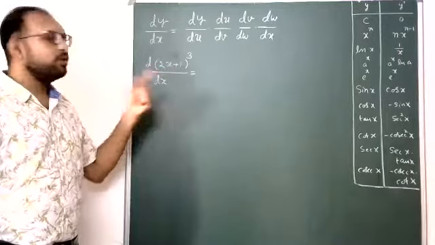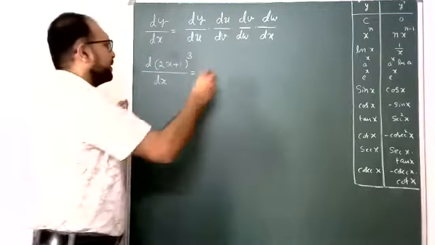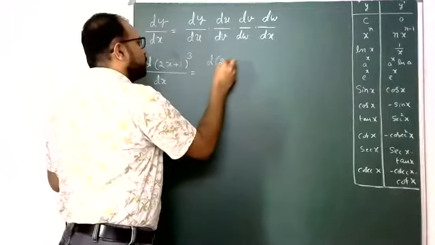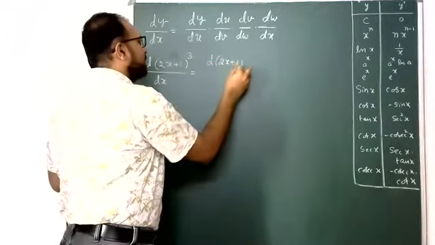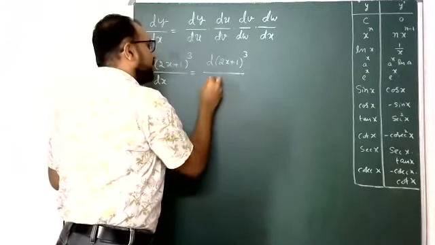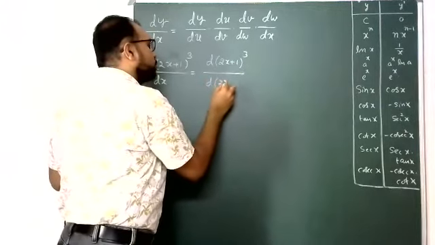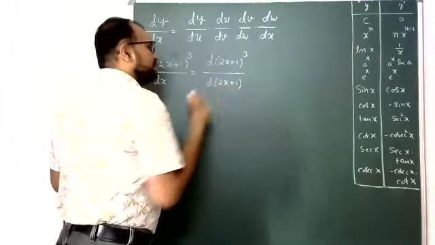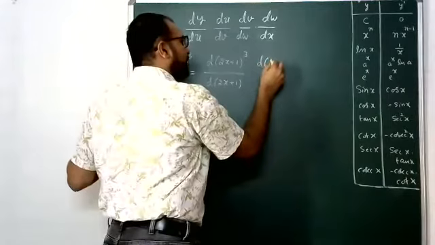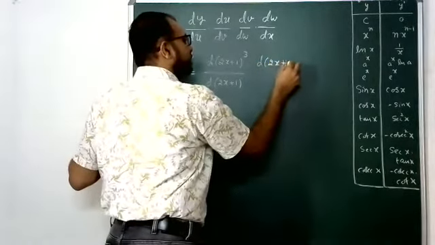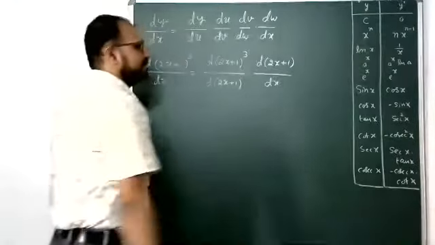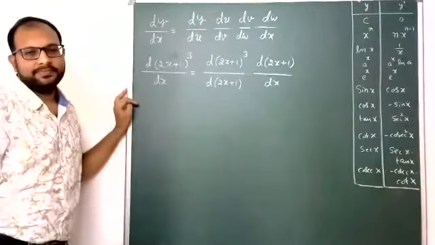So now how to write this, just wait. The derivative of 2x plus 1 whole cube with respect to 2x plus 1, into the derivative of 2x plus 1 with respect to x, right?